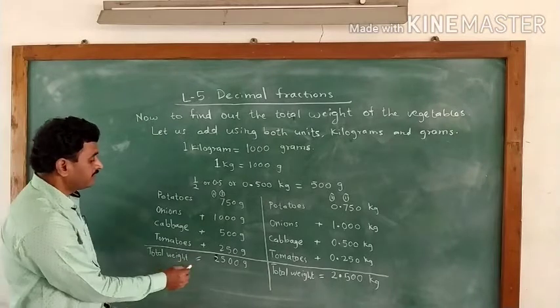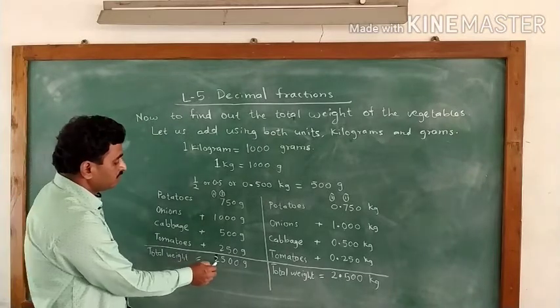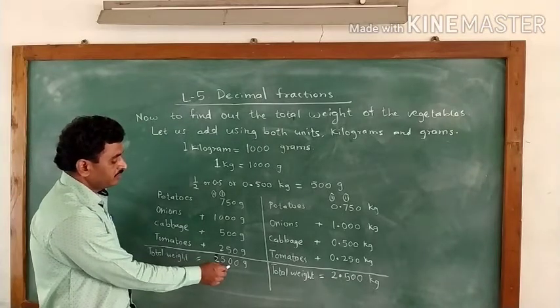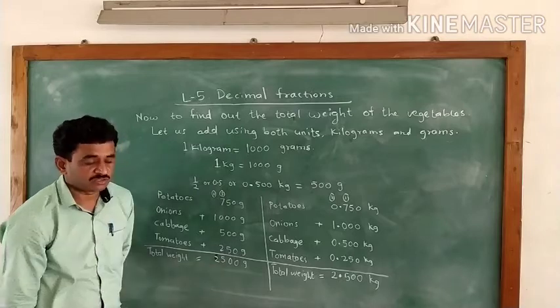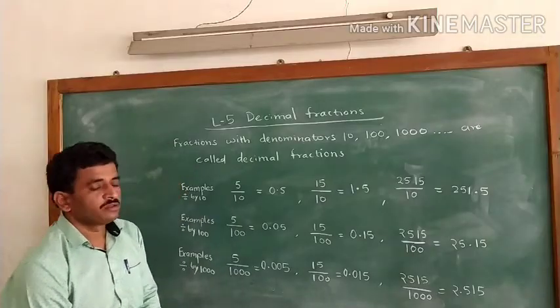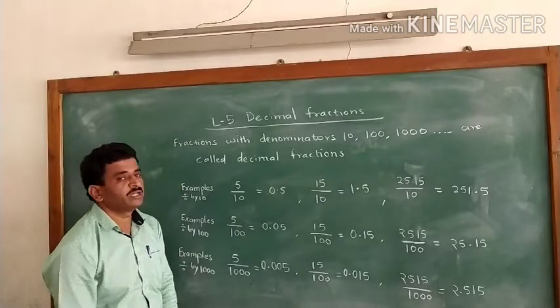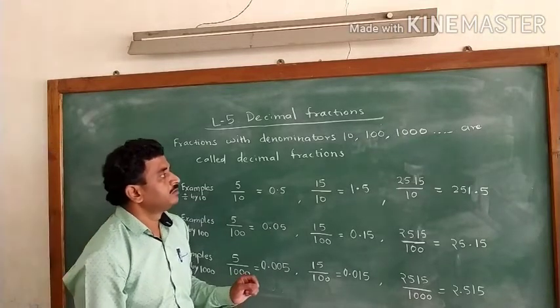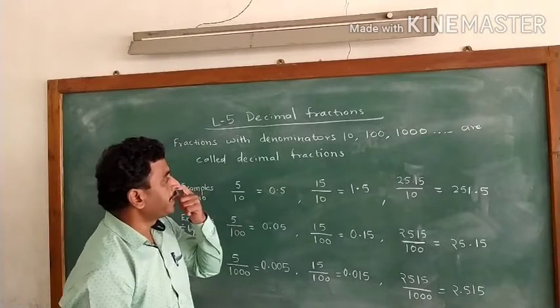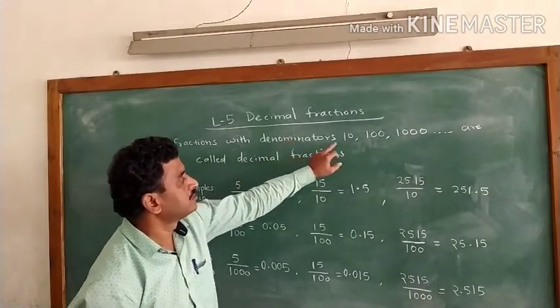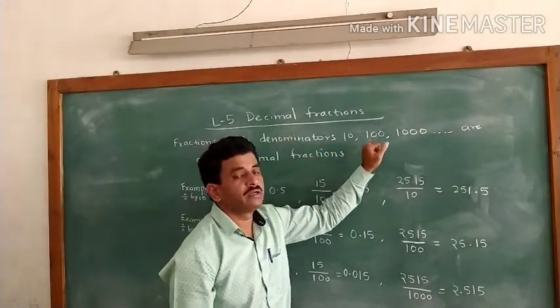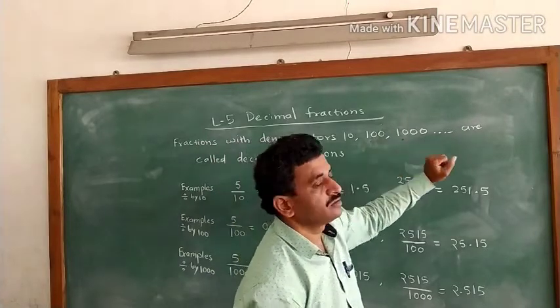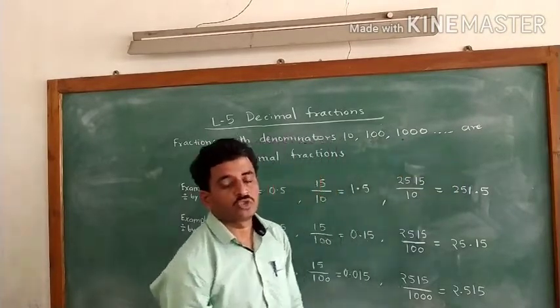Here the total weight in grams is equal to 2,500 grams. See, decimal fractions are numbers having denominators 10, 100, 1000, 10,000, and so on.